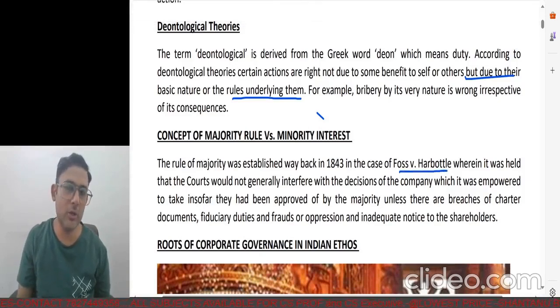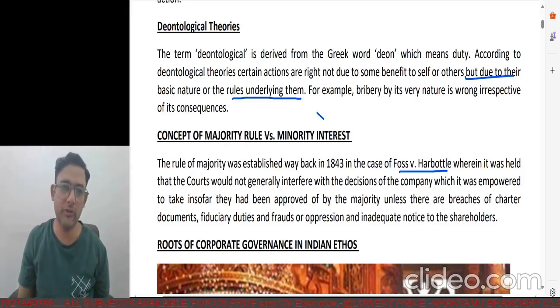They also said that unless the contrary is proved, it will always be assumed that the majority is correct. But if the minority is able to prove that the majority is trying to misuse the provisions of law or doing something against the interest of the minority and the company as well, only then will the court interfere.